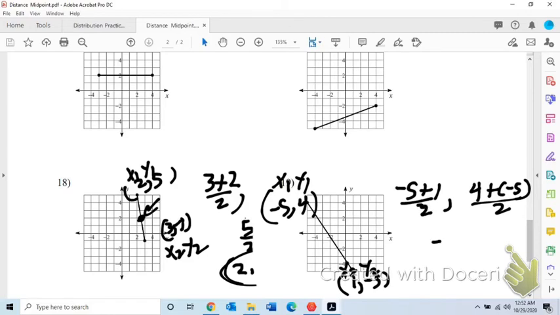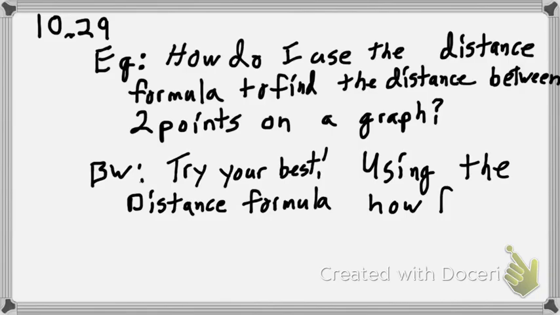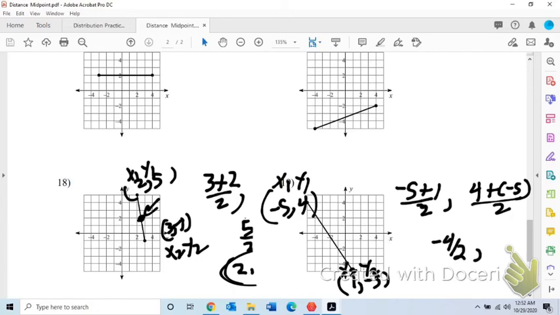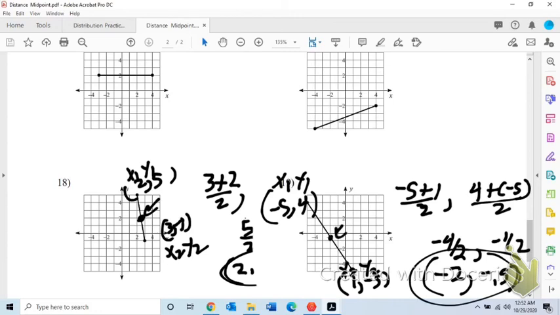Negative 5 plus 1 is negative 4 over 2. 4 plus negative 5 is negative 1 over 2. So that's going to give us negative 2, negative 0.5 as our midpoint. And again, if we look at the graph, that makes sense.